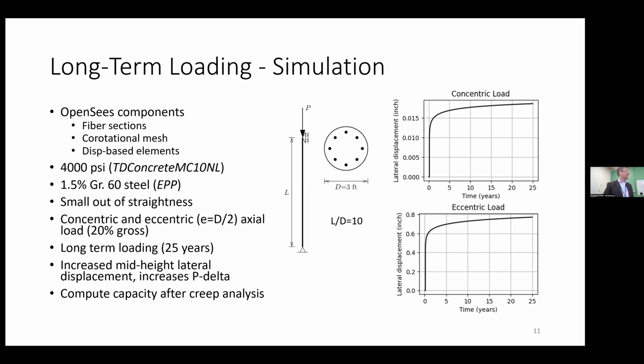And then for an eccentric load, on the bottom right, we get initially some pretty small lateral displacements, but then over time, lateral displacement increases to 0.8 inches or so. So this indicates that over time, the second order effects will become more significant.